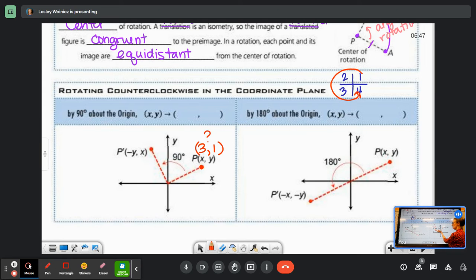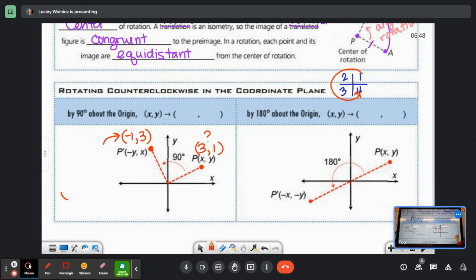If I rotate P around the origin 90 degrees, you can see that the point that we land on, P prime, is actually going to be -1, 3. So what happens is that the x and y flip-flopped, swapped spots. And we had to make the former y coordinate, current x coordinate, negative.